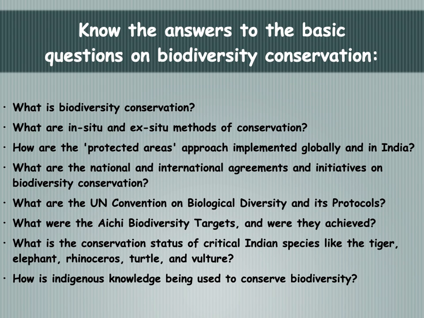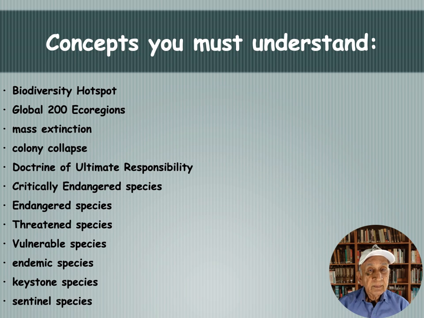It has also some protocols added to it later. What were the Aichi biodiversity targets and were they achieved? What is the conservation status of critical Indian species like the tiger, elephant, rhinos, turtles and vultures? And how is indigenous knowledge being used to conserve biodiversity?